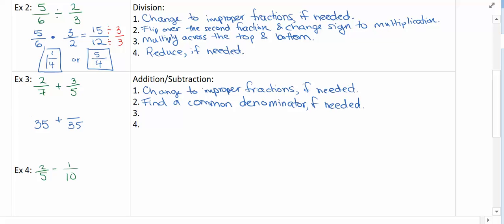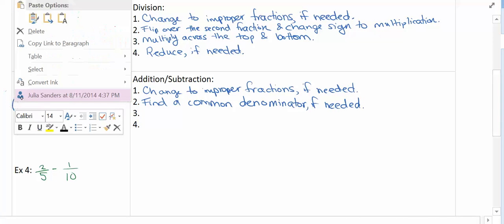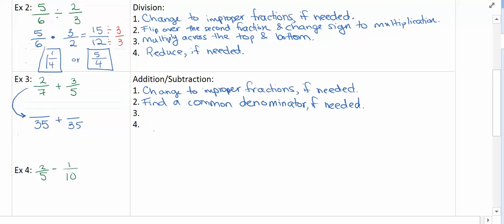That's my common denominator. And then when I think about this, I'm saying, okay, what am I multiplying by to get to 35, both the top and bottom? 7 times what equals 35? Well, it's going to be 5, multiplying everything by 5. So I'm going to say times 5.